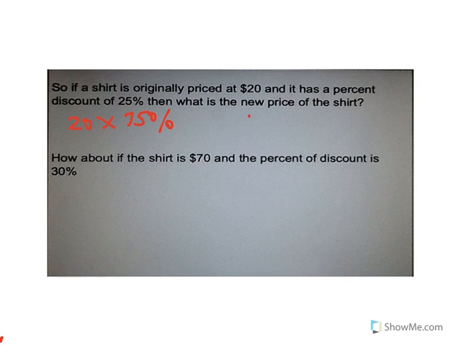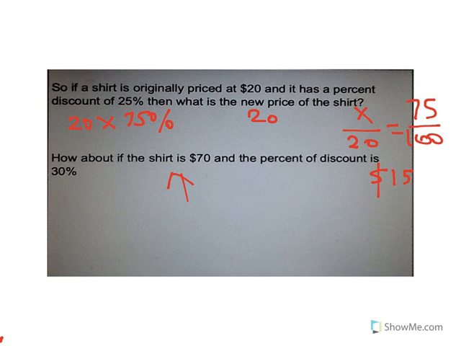Or alternatively, if you want to set up a proportion, 20 is going to be the original price, so we put that on the bottom. 75 up here, and then this is going to be our value that we're solving for. So 75 times 20 divided by 100, the new cost of the shirt is going to be $15.